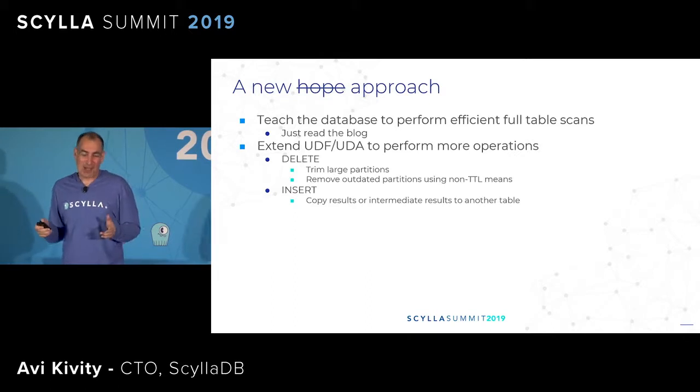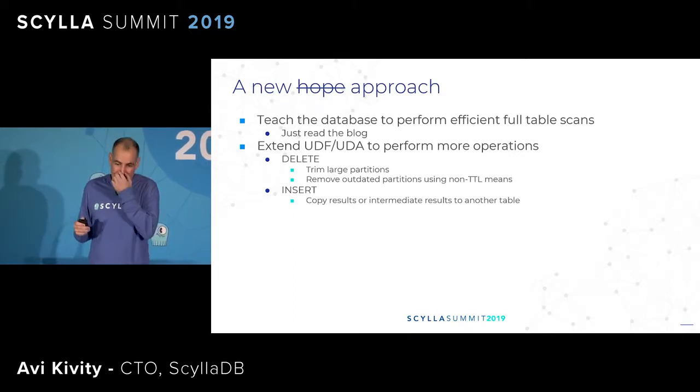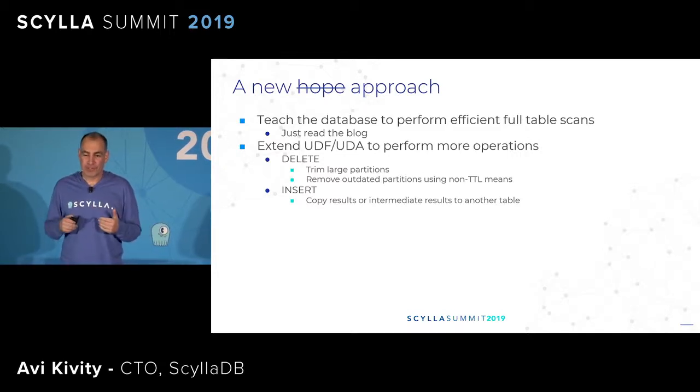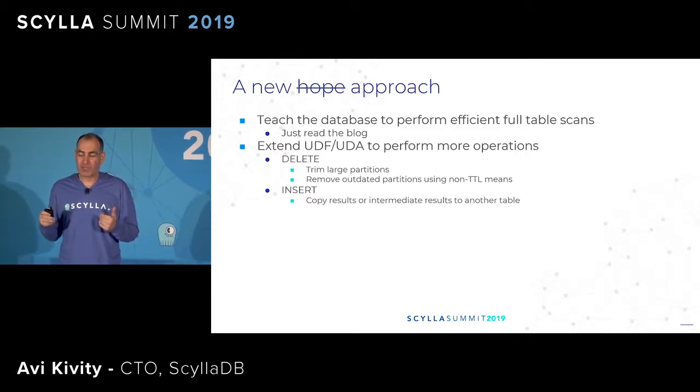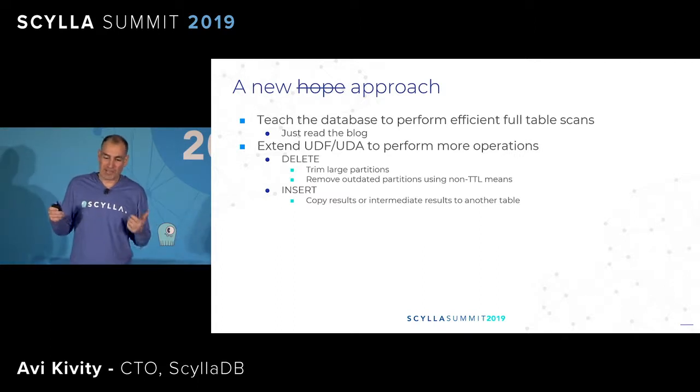So we already have a cluster. The cluster already has all of those schedulers that can run things on every shard and on every node. So we would just add that functionality to the nodes and perform that full table scan.